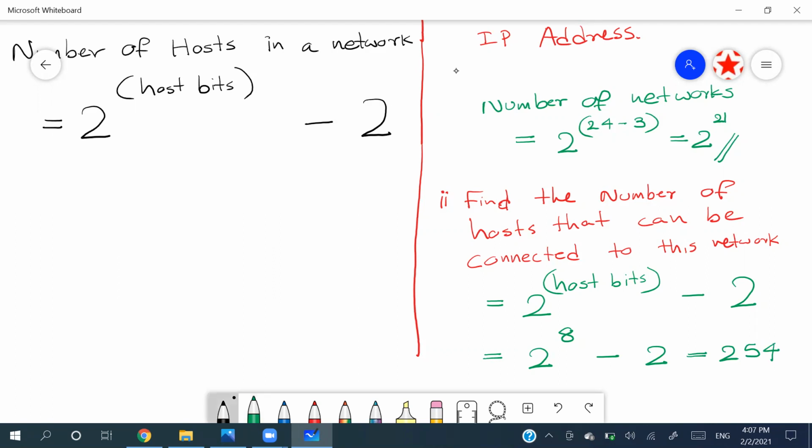So from the equation we know, I'm changing this into host id bits.